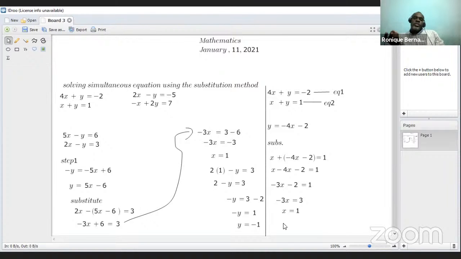We substitute the value of y in equation 2. So what Tangini did in hers, we're going to do the opposite of what Tangini did and see if it still works. So I'm going to put the value of x in equation 1 to find the value of y. Let's go.